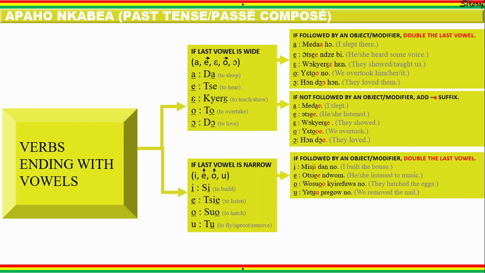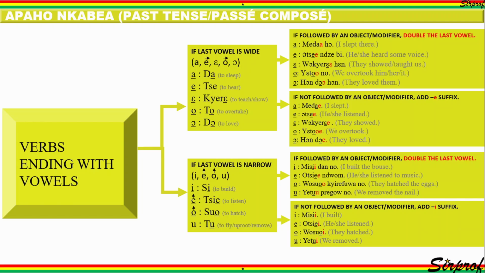Then, if the verb is followed by an object or a modifier, we double the last vowel. Me see down no. Ote ndwom. Wo so nchirifuan. Yεtooe prego.